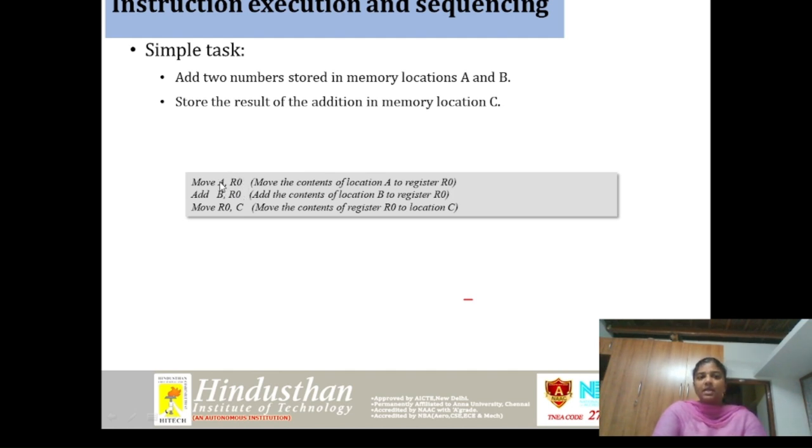Consider A has 5 and B has 10. Now add B comma R0 means it will add 10 plus 5, and the result will be stored in R0, like the 2 address instruction we have seen, right? So R0 acts both as a source operand and also as a destination operand. Now the value of R0 is stored into the C variable. We are just moving the content of R0, the final result 15, to C.